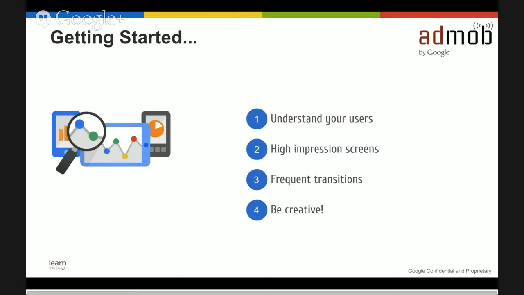First of all, where are people actually using your app? Which screens are the most popular to them? Which ones are they using on a daily basis? Which ones on a weekly basis? Once you've got that nailed down, where are people moving around in your app? What are the frequent transition areas that they're using? This can be used for new opportunities. And as always, as we say in Google, be creative, be unique, and give the users something beautiful.